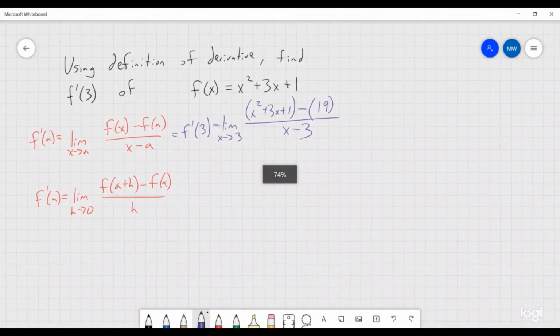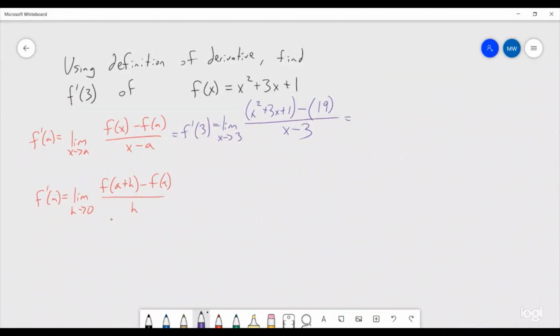This is the limit as x goes to 3 of x squared plus 3x minus 18 divided by x minus 3. Fortunately, x squared plus 3x minus 18 factors, and we get the limit as x goes to 3 of x plus 6 times x minus 3 divided by x minus 3. The x minus 3's cancel. The limit as x goes to 3 of that is 9.